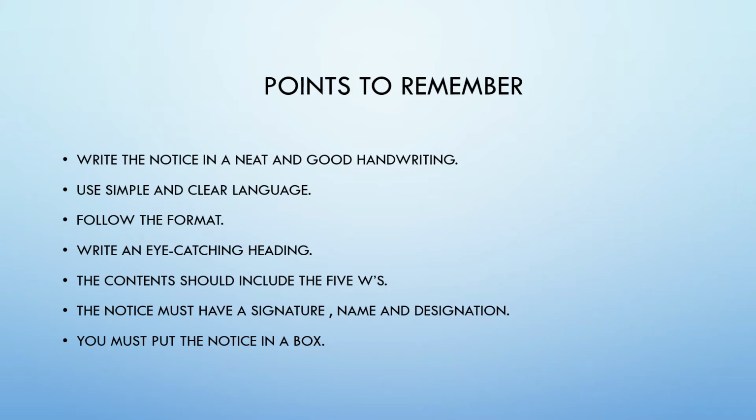So you have to write neatly and in good handwriting, and then put it on the notice board or the soft board. You have to use simple and clear language. The language should be very simple, which everyone who reads the notice can understand, and the language should be clear. It should be very, very clear what you want them to do and when.